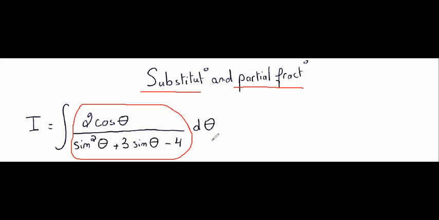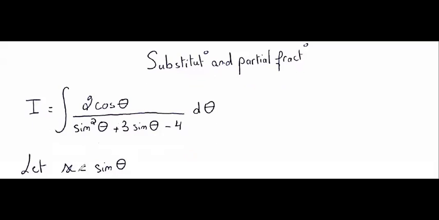But what we can do is a substitution to make it a fraction of polynomials. So we substitute sine theta by x. So we let x be sine theta. Now, always when we substitute with a new variable, which is x here, the first thing that we do is find dx.